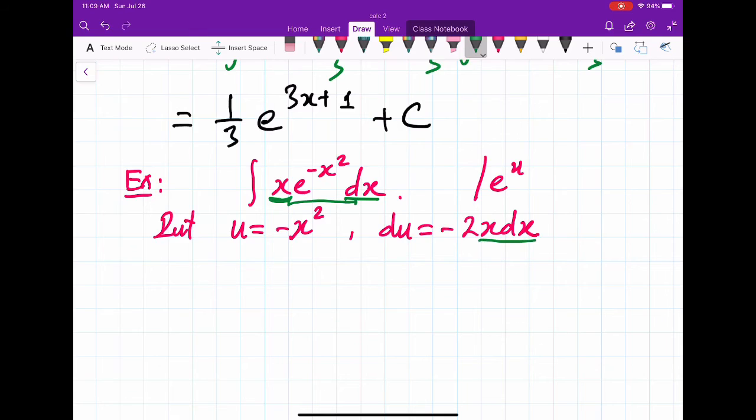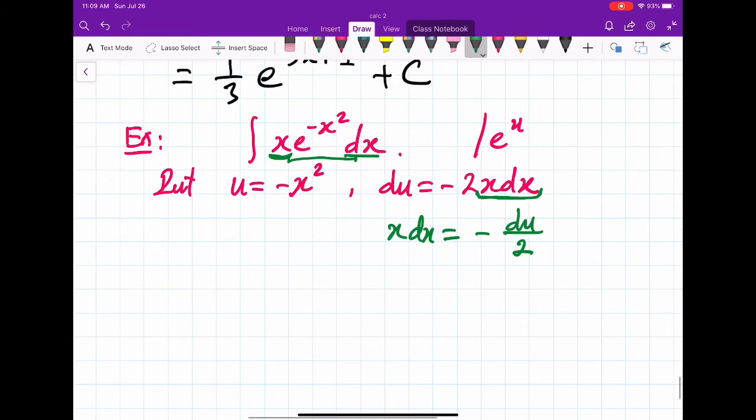You see, this combination I mentioned several times when we studied integration for logarithmic functions. So from here I get x dx equal to negative du over 2. And now we are ready to rewrite the original integral in terms of u.